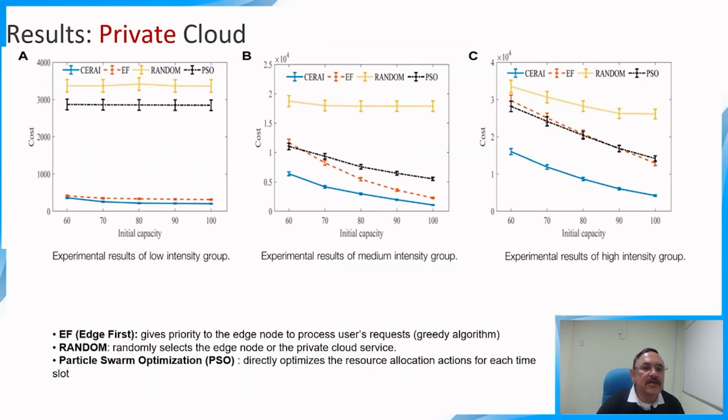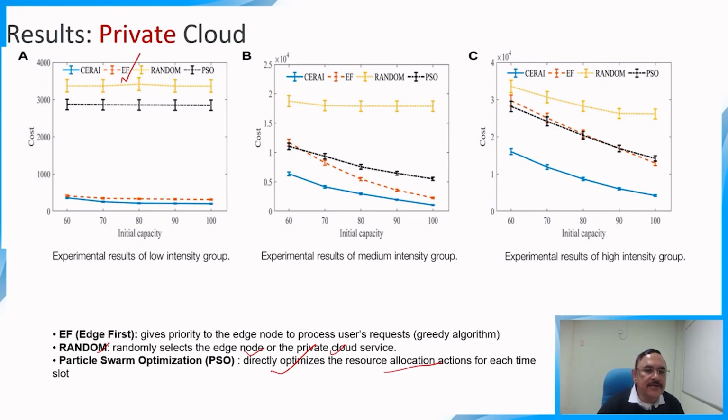So, if you see this particular type of results, what you can see over here, EF means edge first, and random means randomly selecting the edge node or a private cloud node, and PSOB is using particle swarm optimization to optimize the resource allocation action for the time.